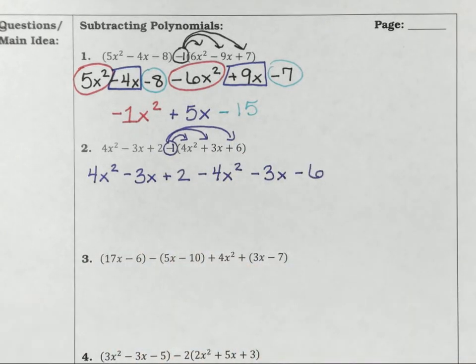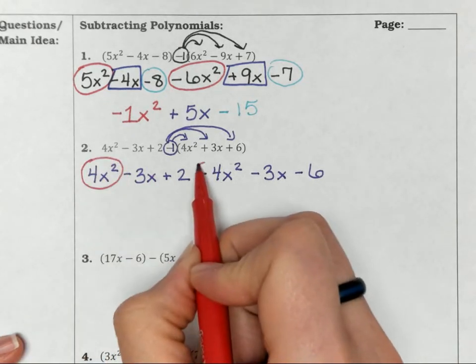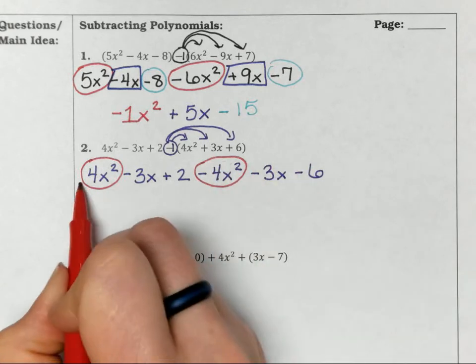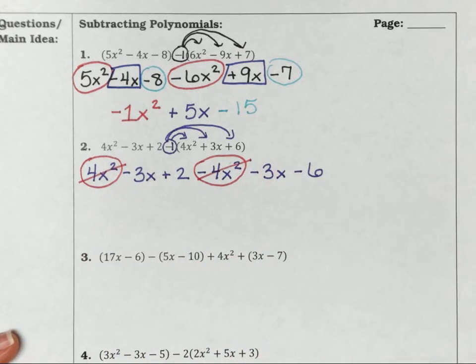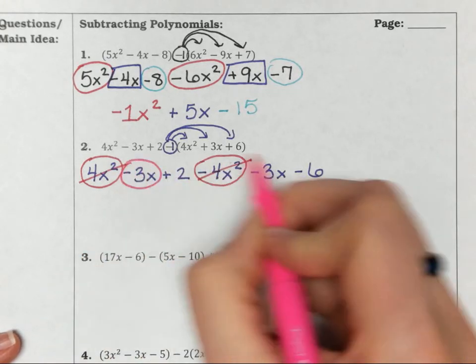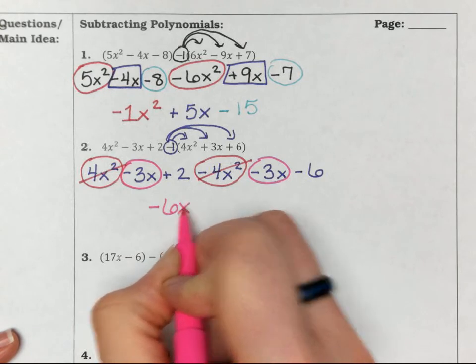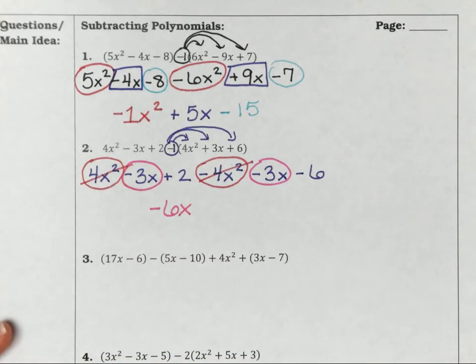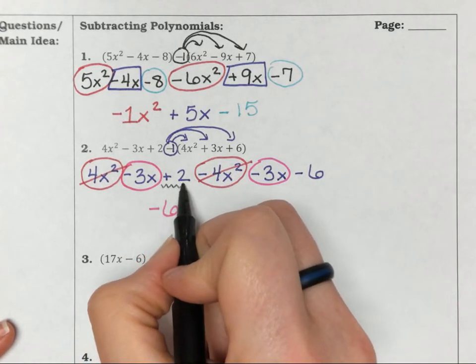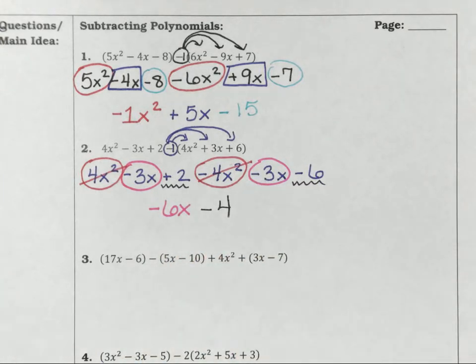And then we're going to combine like terms. So I have 4x squared, negative 4x squared, that gives you 0. Then I have negative 3x plus negative 3x, which is negative 6x. And then the last thing is positive 2 and negative 6, which gives you negative 4.